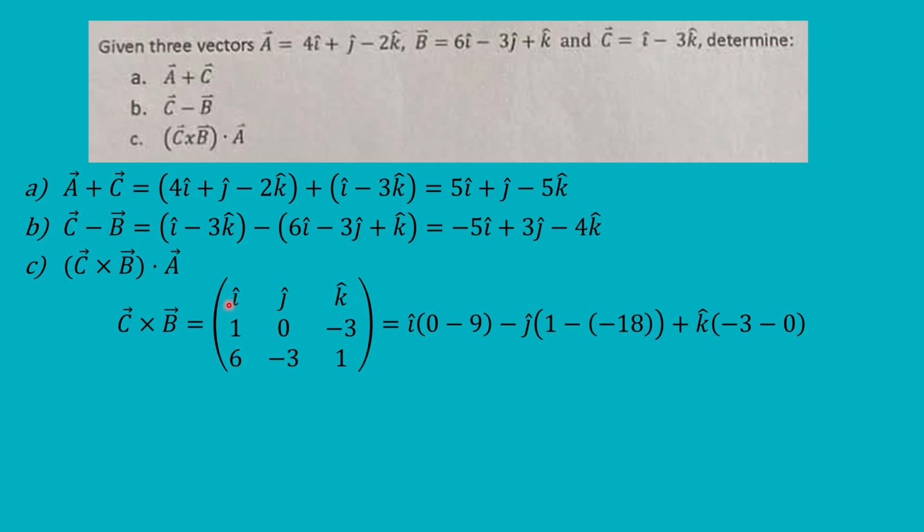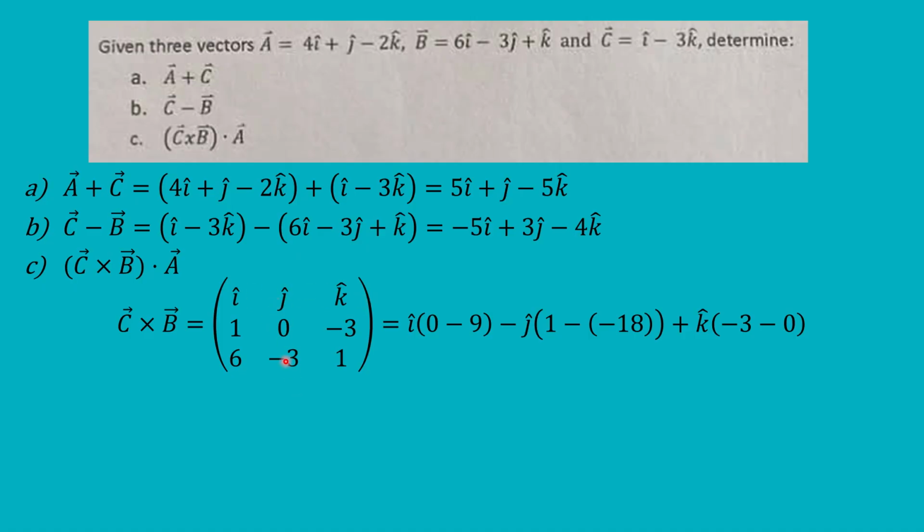So we'll just have i hat, then 0 times 1, that's 0, minus 3 times minus 3, that's 9. So we have minus 9. And then always negative here in the middle, so negative j hat. This part will not be included.